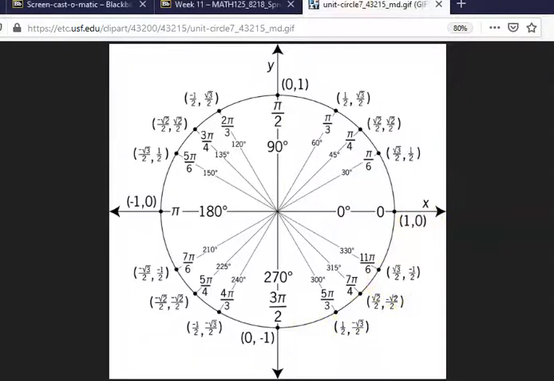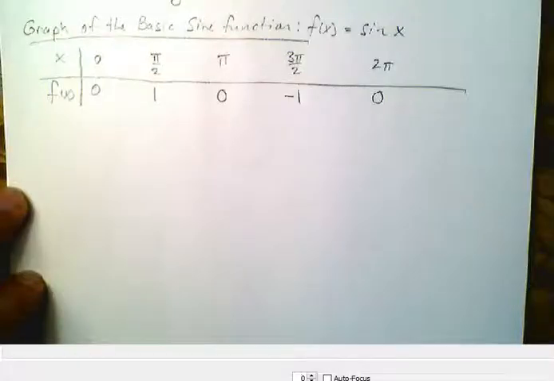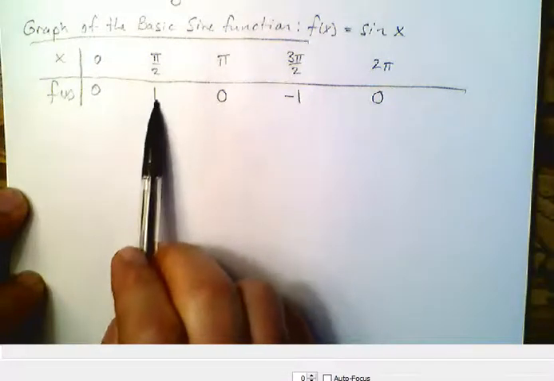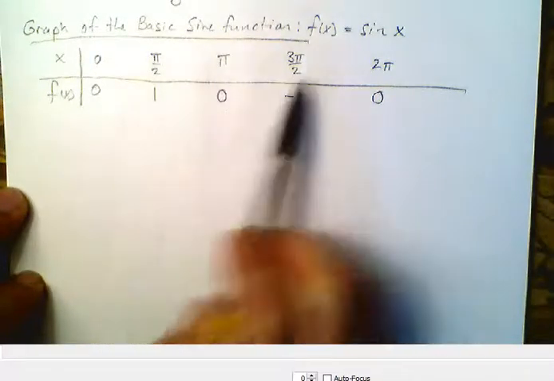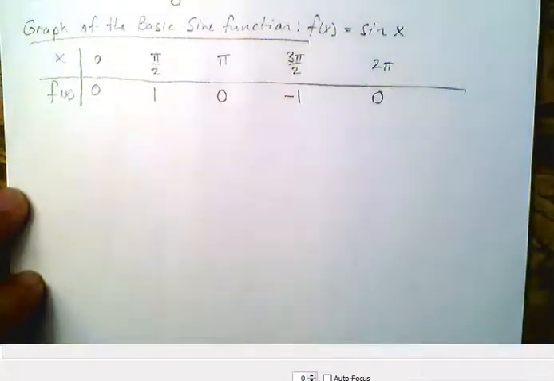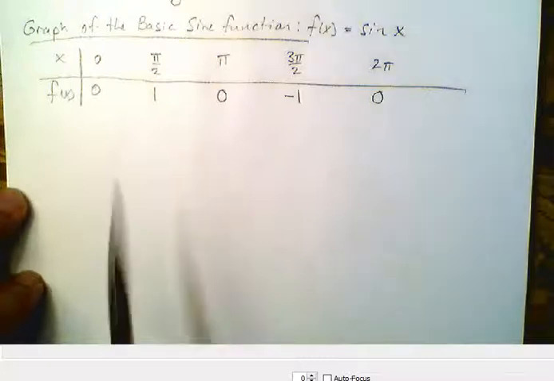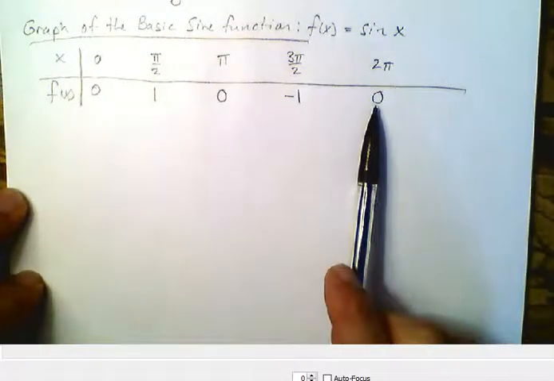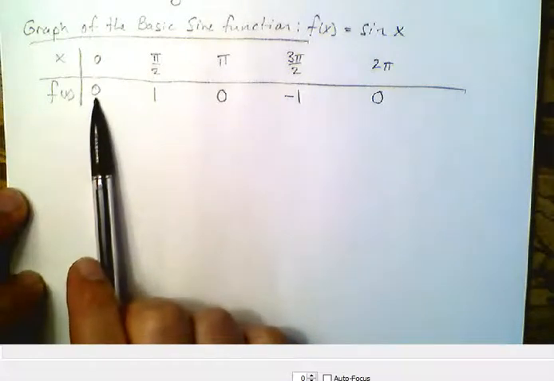So for our table of values, we know the sine of 0 is 0. At pi over 2, it's 1. At pi, it's 0. At 3 pi over 2, it's negative 1. And at 2 pi, it's 0 again. So here we have one full period of the sine function, right? Because it started at this point, which was 0, 0.